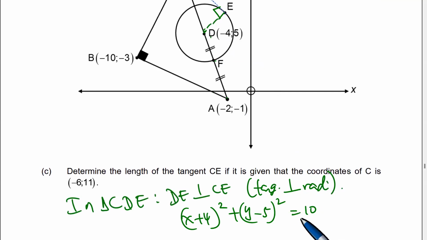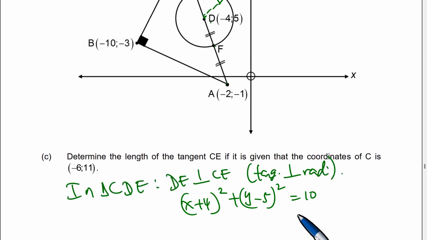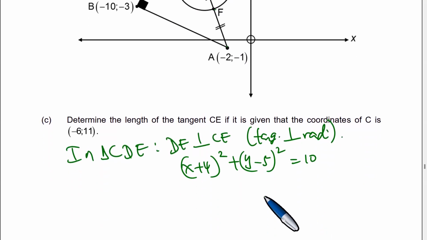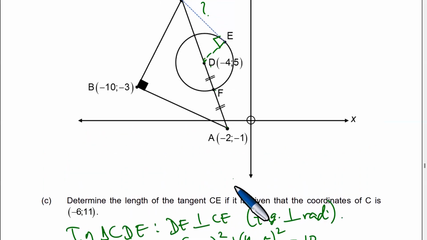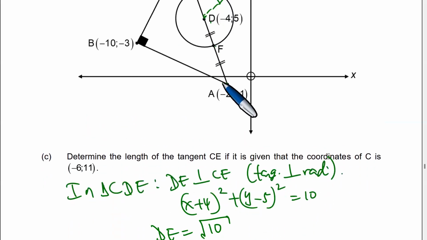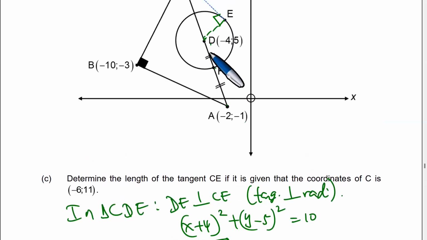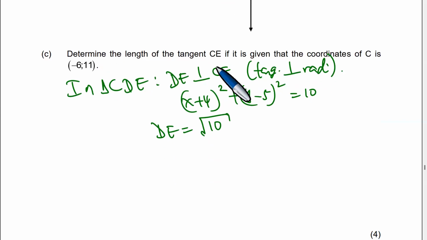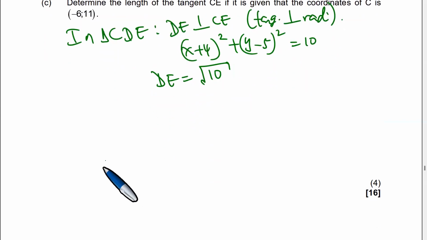We just got it a couple of minutes back. So with that said, what is the radius if the equation is this? The radius DE becomes the square root of this number, the square root of 10. What about CD?